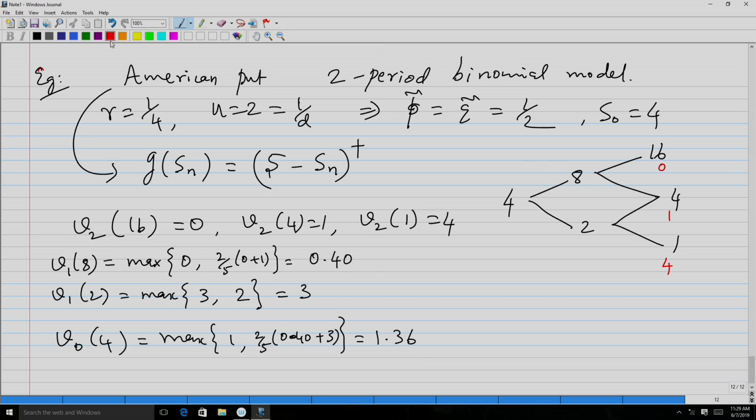So, if I really write down the prices at each node, this is going to be 0.40, this is going to be 3, and this is going to be 1.36, right. So, this is what will turn out to be the prices of the American put option in this particular case, right.